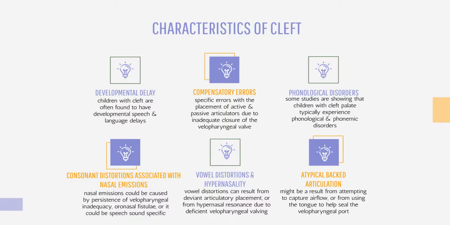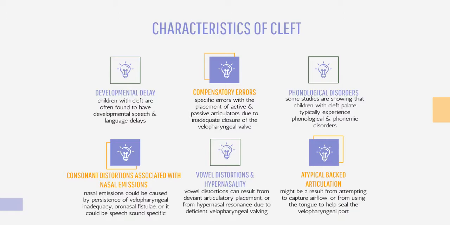So some characteristics of cleft. As we touched on earlier, there is a developmental delay. Children with cleft are typically found to have speech and language delays, just due to the nature of the beast. There are compensatory errors, and this typically comes from where the active and passive articulators are. An individual who has cleft will typically alter where their articulators are due to the inadequate closure of the velopharyngeal valve.